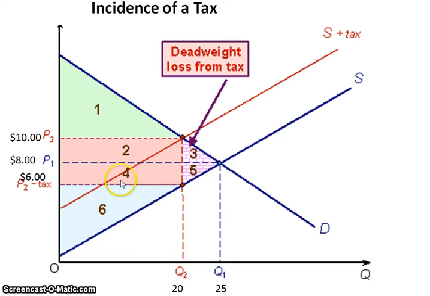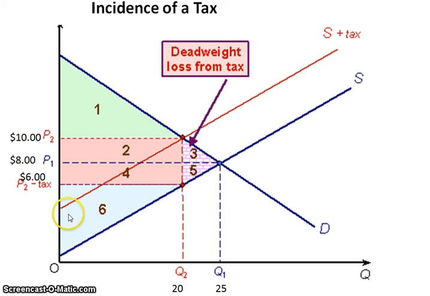We can't go all the way up to the new equilibrium price because this red box is the amount that's going to the government. So really the producers are only receiving $6 per unit in their revenue from consumers. They have to give away $2 per unit to the government. So the new producer surplus is area 6, below the $6 mark and above the supply curve.